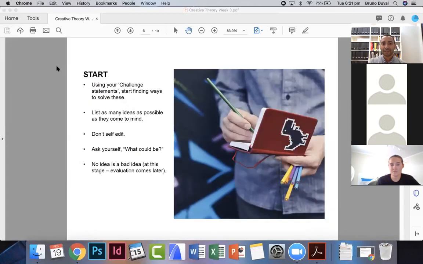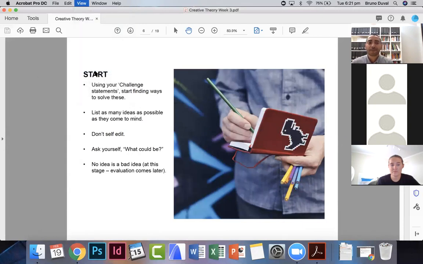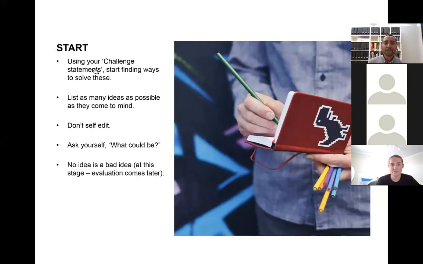So going back to that slide, I'm going to go back to full screen mode. And to recap, for this assessment, you need to gather as many ideas as possible at a very early stage. You'll be doing that by listening to your partner.